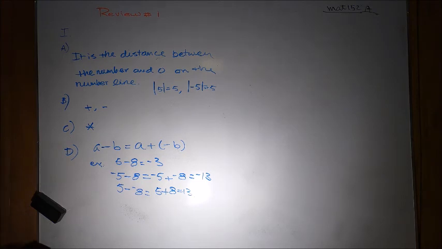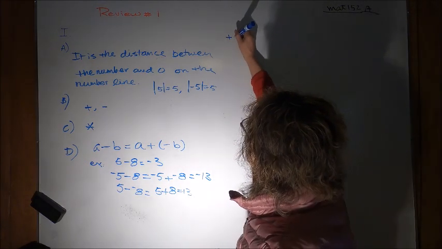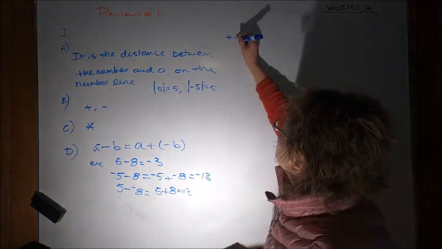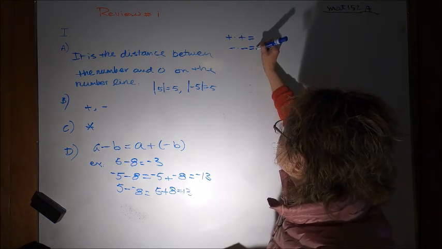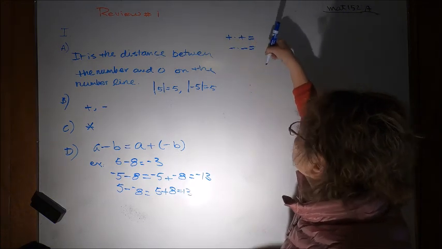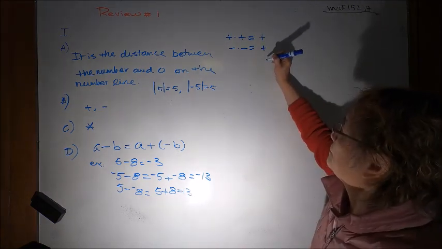Next one, write a rule for determining the sign of the answer in a multiplication or division problem. So make sure you do it correctly. If the same signs multiply together, you should get a positive value.